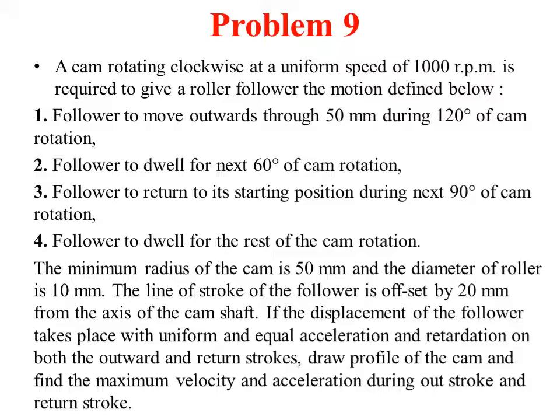So to draw the profile of the CAM, take O as center and with radius equal to 50, that is the CAM radius, draw the base circle. Now divide the base circle into the outstroke, dwell and the return stroke. To do that, take OA as the base, use a compass and mark 100 degree, 80 degree and 90 degree respectively.